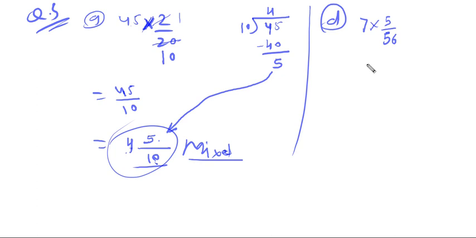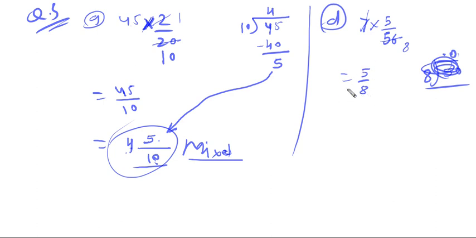Now you can cut it. 7 ones are 7 and 7 eights are 56. Here 5 by 8 will come. If you divide 5 by 8, you cannot divide it. You have to take a decimal point and then 0 will come, and so on. So you do not need to do this.